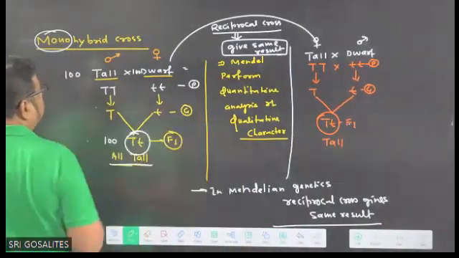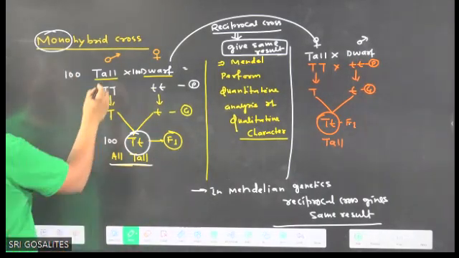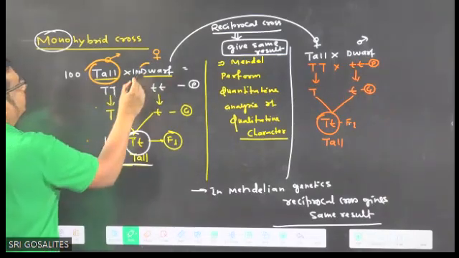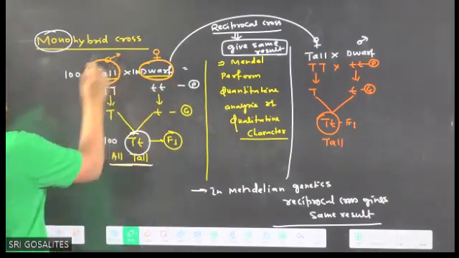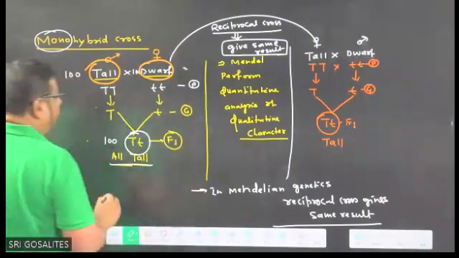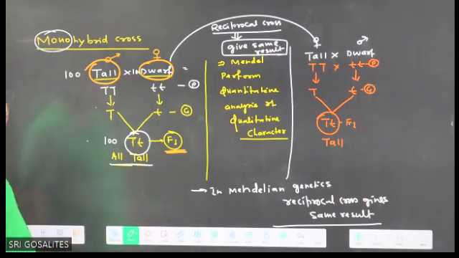Look here. I am just going to explain what Mendel did in the monohybrid cross. Mendel took tall plants and crossed them with dwarf plants. Suppose that he took a male tall plant and a female dwarf plant. He found in the first generation all progeny are tall.